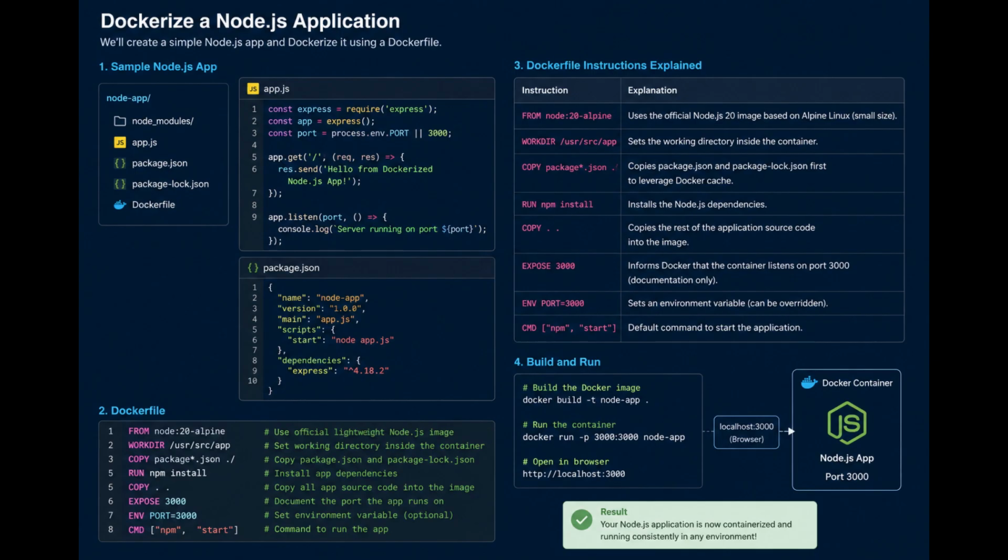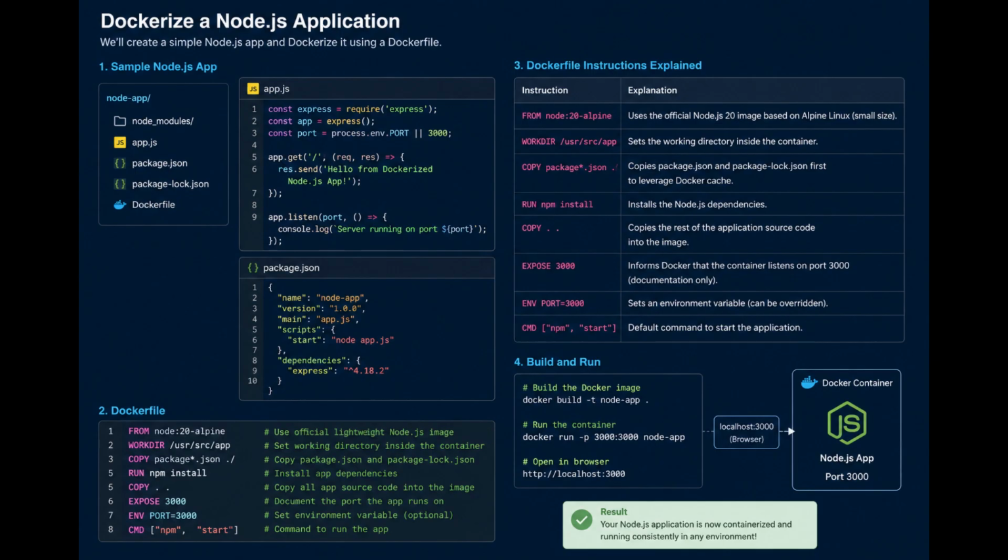After that, we use COPY package*.json ./. This command copies package.json and package-lock.json from the local machine into the container. Now, this step is actually a very important optimization technique. Docker uses a layer-based caching system. Every instruction in a Dockerfile creates a separate layer.